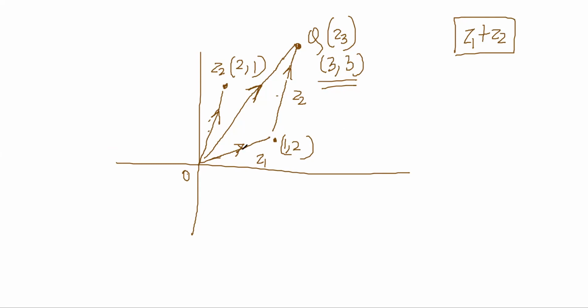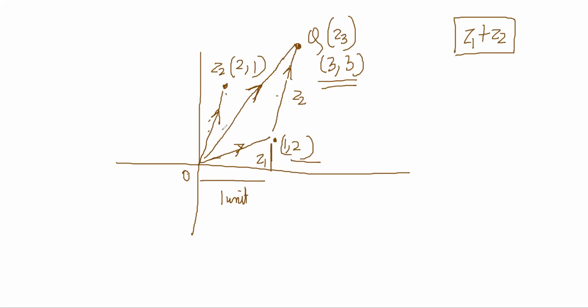It is clear by logic that z3 has to be (3, 3) because for the first vector you had gone 1 unit in X and 2 units in Y, and for the second vector you are going 2 units in X and 1 unit in Y. The diagrams are not correct obviously, but don't care about that.